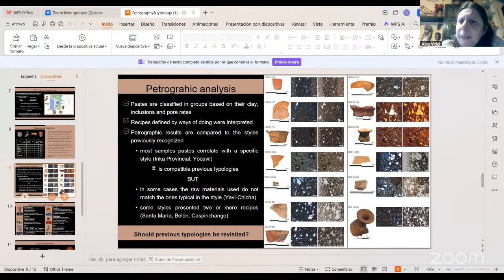Reaching this point, we ask ourselves, should previous typologies be revisited? And we revisited them, of course.